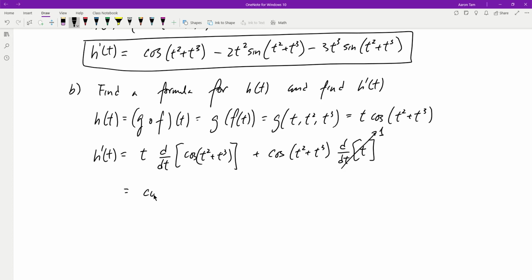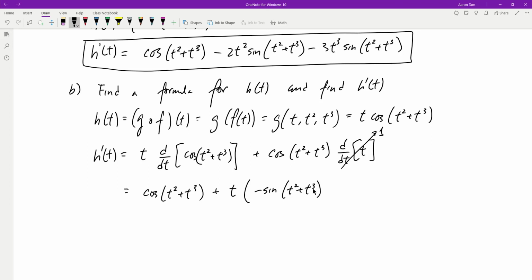So therefore what I have is cosine t squared plus t to the third. Notice that we have that in the other method also. And what happened to this thing right here? Well, that would be plus t times the derivative of cosine t squared plus t to the third, which would be negative sine t squared plus t to the third.